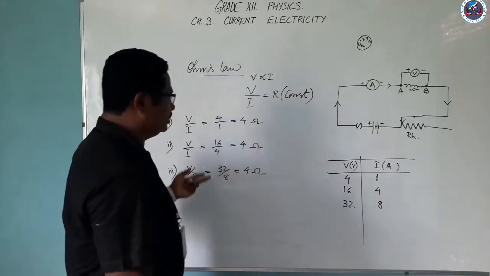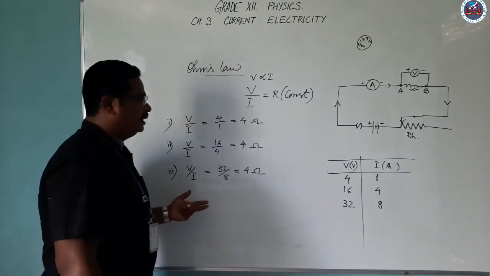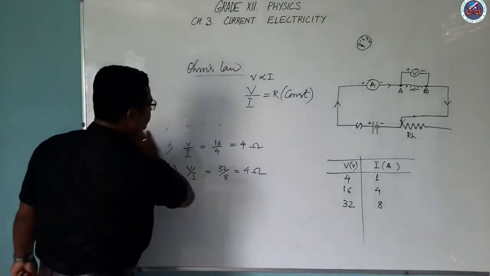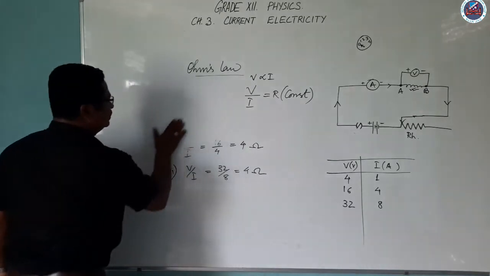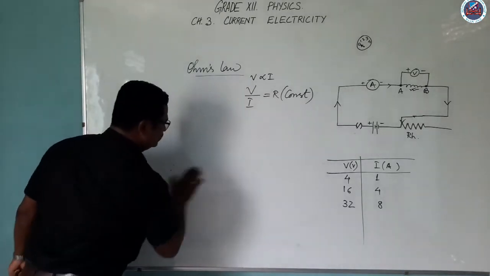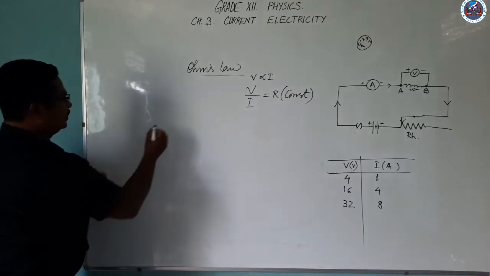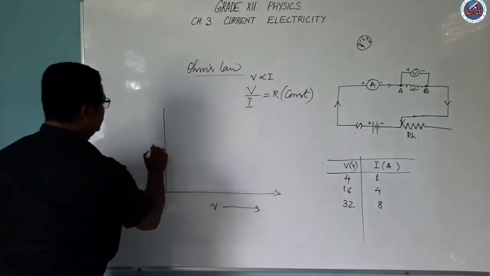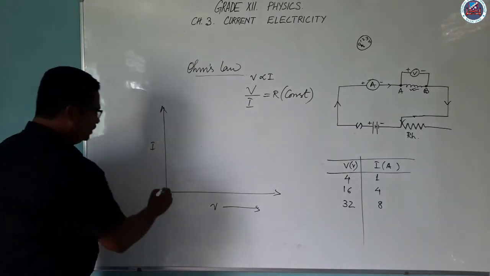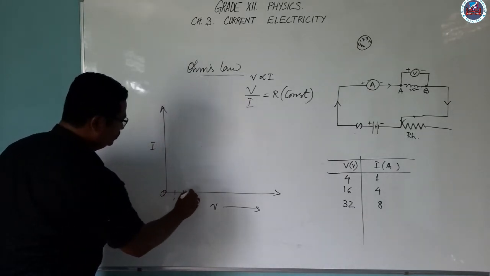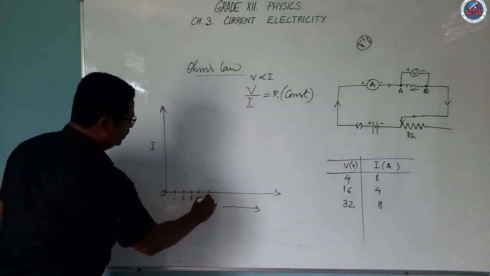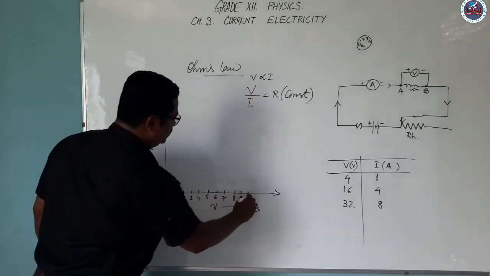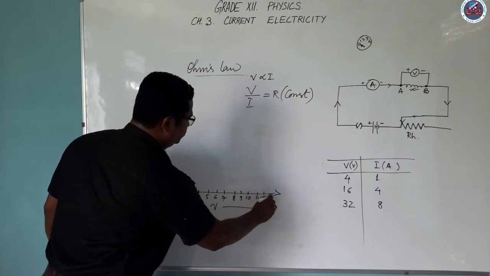Now these values, if you plot them graphically, V versus I, V along the x-axis and current I along the y-axis. This is 0, 1, 2, 3, 4, 5, 6, 7, 8, 9, 10, 11, 12.